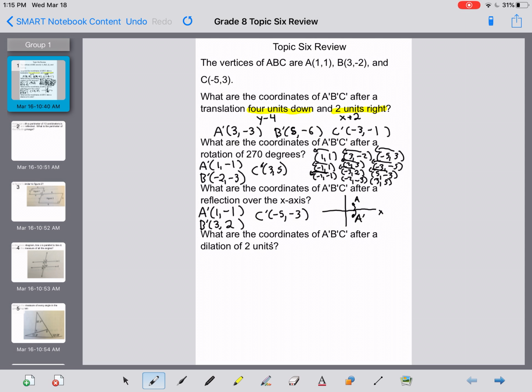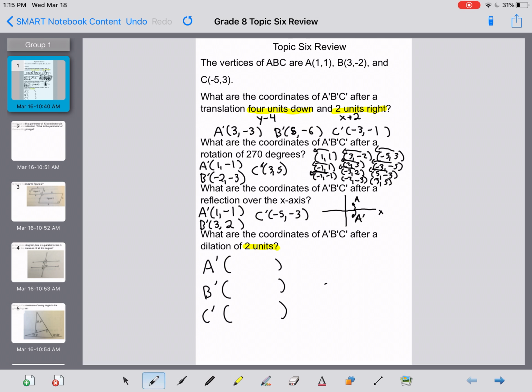And the last question, what are the coordinates of A prime, B prime, C prime after a dilation of 2 units? A dilation just means that I am multiplying every single number by my scale factor. In this case, my scale factor is 2.